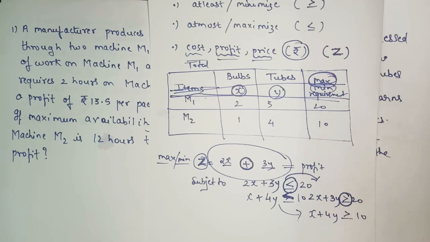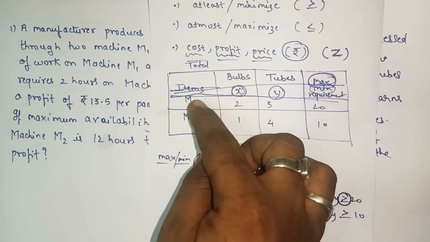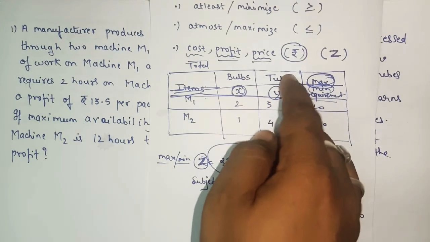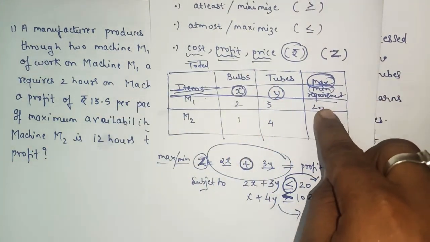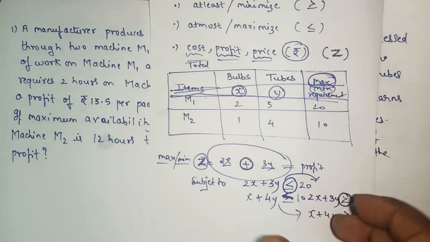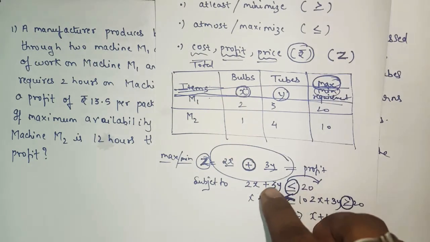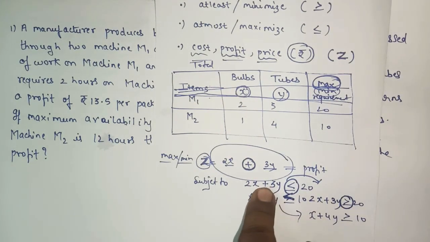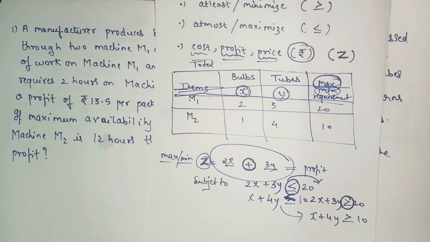When you frame the equation, see to it that machine 1 contains 2 bulbs and 3 tubes, and together the requirement is 20. Together total, as I told just now, so here the plus symbol will come, always plus.